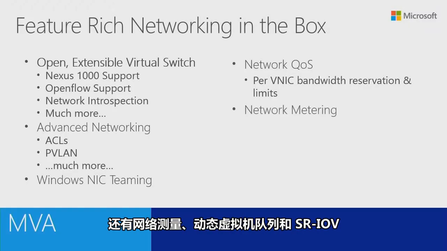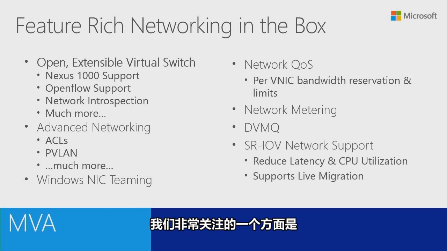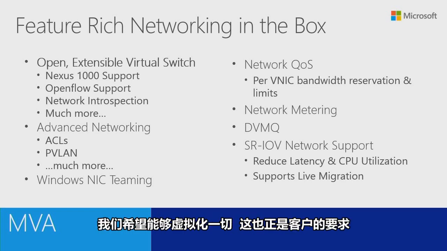Network QoS. And in fact, on a very granular per-VNIC basis, and I'll show you that in a second, as well as network metering, dynamic virtual machine queues, and SR-IOV. One of the things we really focused on, going back to the scale that I talked about earlier, is that we wanted to be able to virtualize everything. That was exactly what you told us.